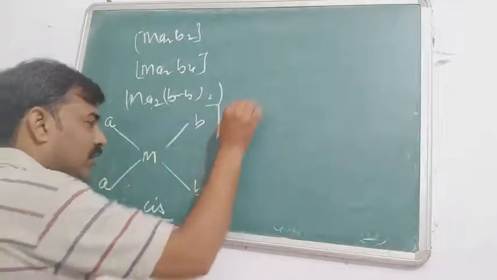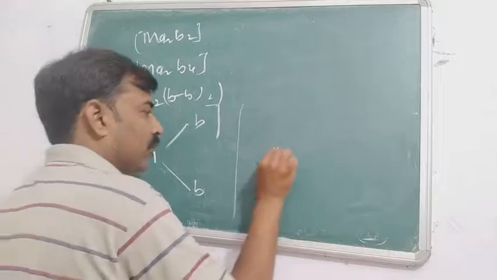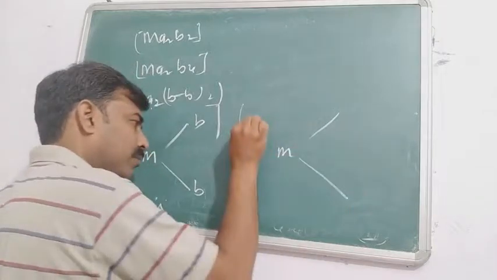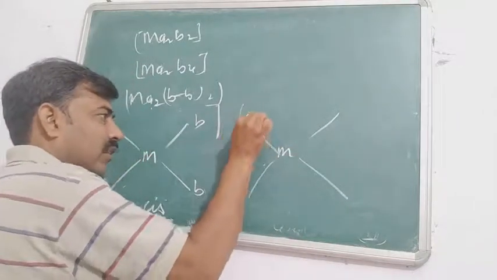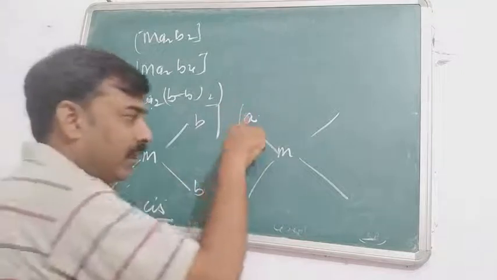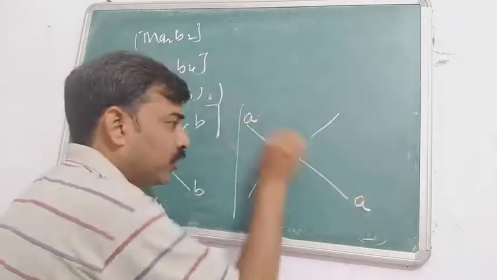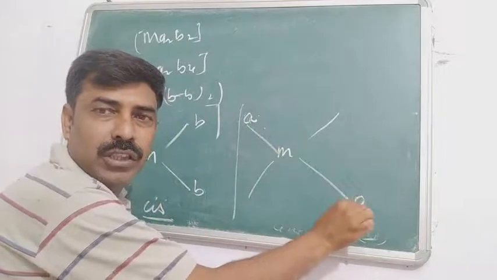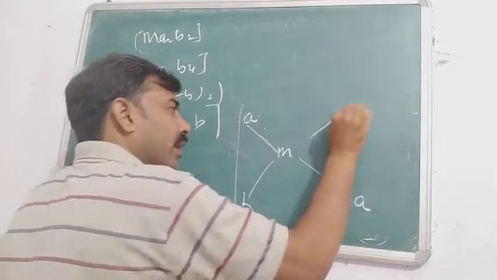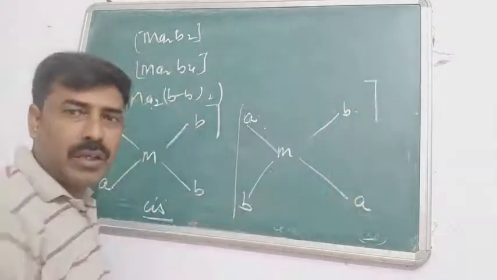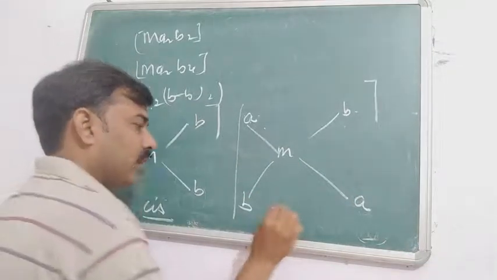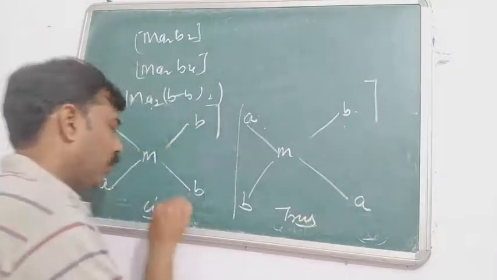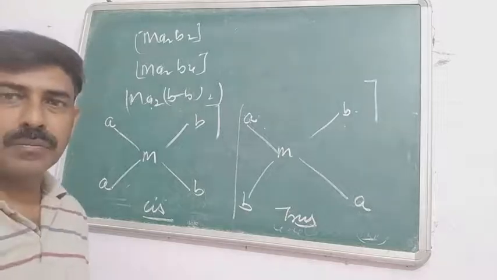Here we see the trans. This is the A, and the next A is just opposite to the first one. This is the trans position, and B is again opposite to B, again a trans position. So this one is the trans isomer, and the first one is the cis isomer.